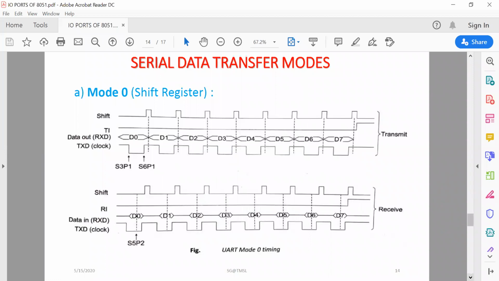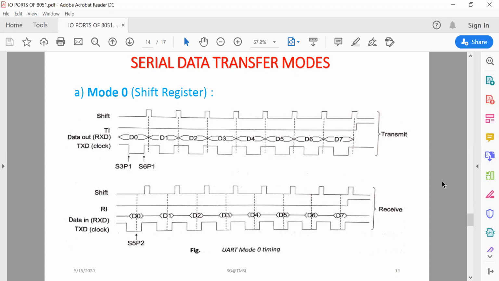Now we will discuss the different modes available in serial communication. The first mode is called mode 0, which acts as an 8-bit shift register mode. In mode 0, data are transmitted and received through the same pin, that is the RxD pin, the receiver data pin.